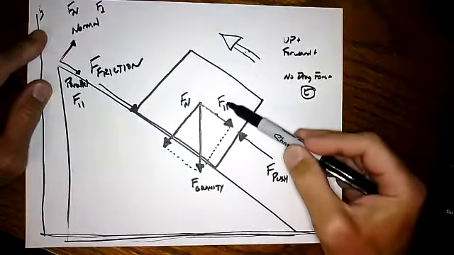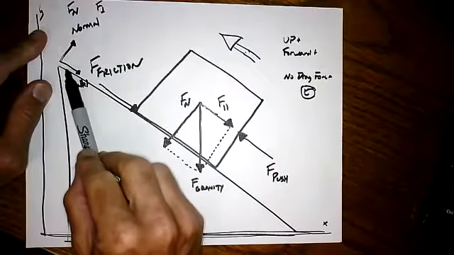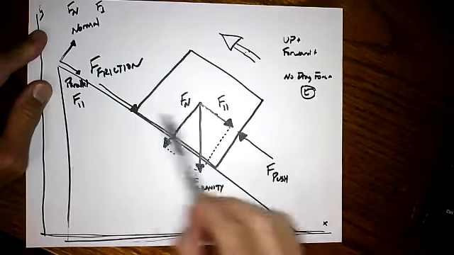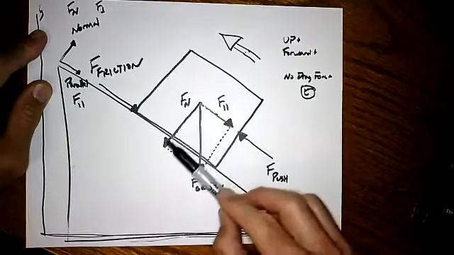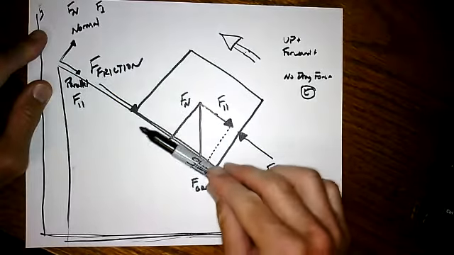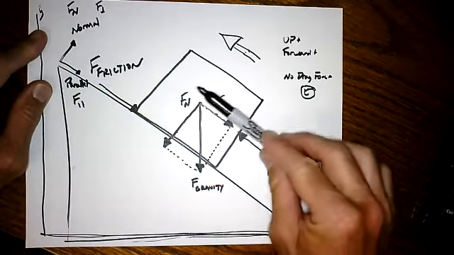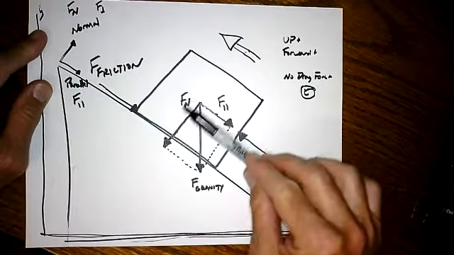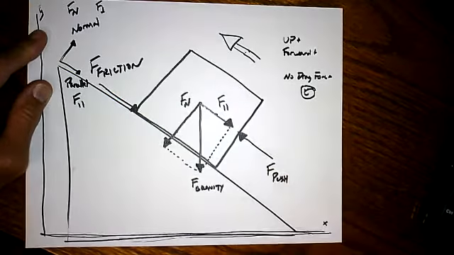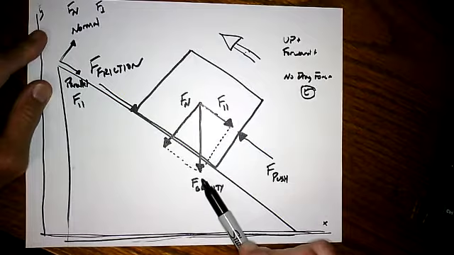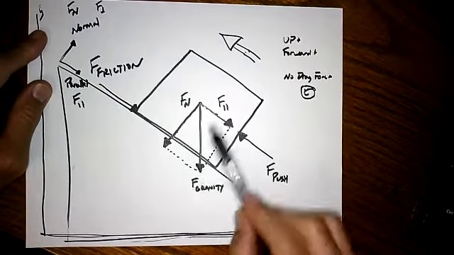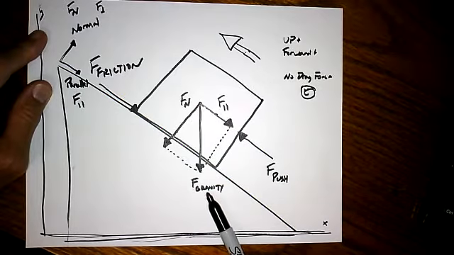So parallel component, reference frame. Normal component, reference frame. Normal is perpendicular to the surface at 90 degrees. Parallel component is obviously parallel with the surface. Once I break this force vector into these two components, I no longer concern myself with this force vector.